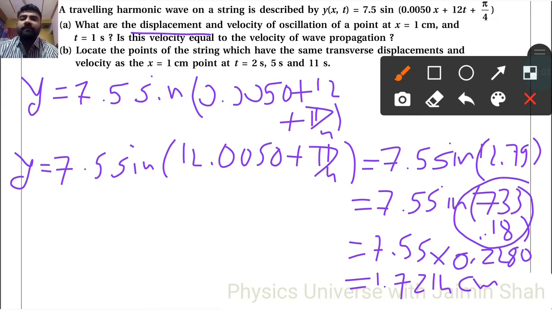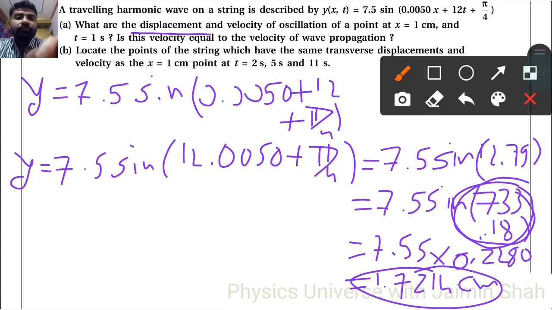So sine 13.18 is nothing but 0.22. You can find it that way also, because we can subtract 720 from 733.18, so it will be the same value. So this is our y displacement.